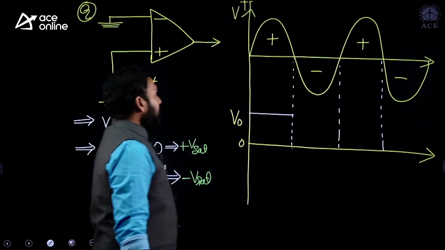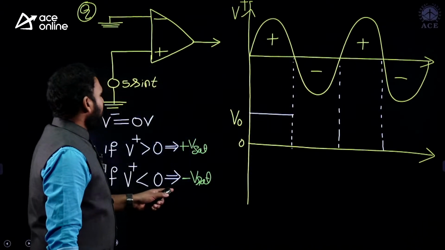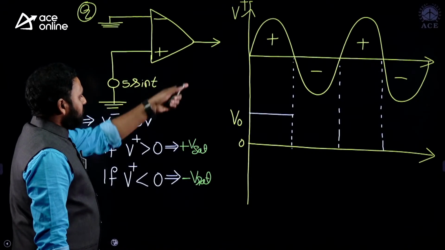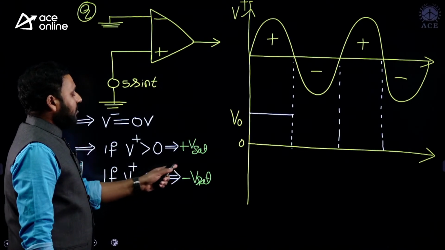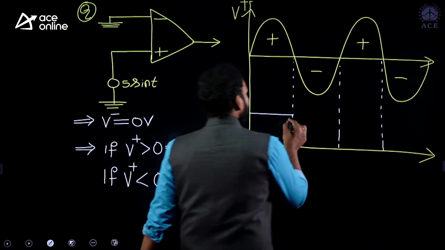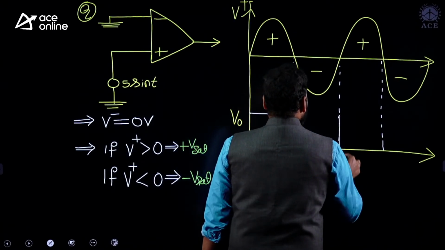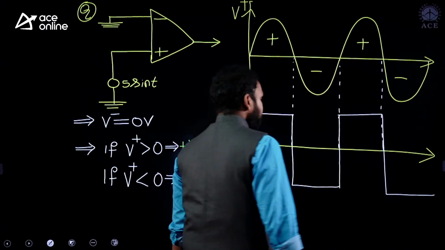Here the positive terminal has a negative voltage compared to 0; 0 is more than negative. So as the positive terminal value is less than 0, the output will be minus V saturation. Like that, you will get a square wave at the output.